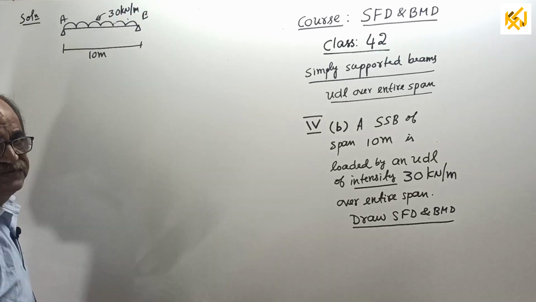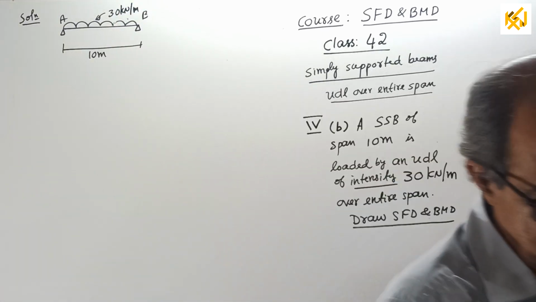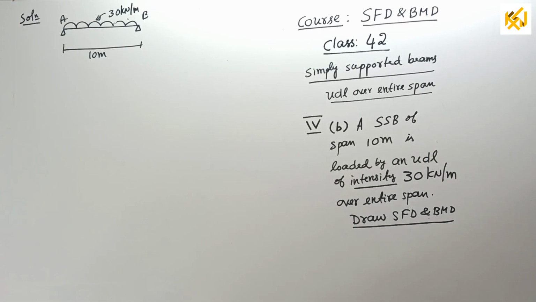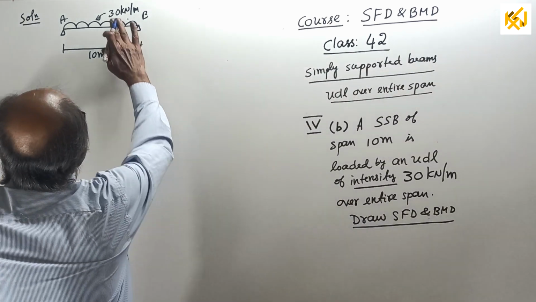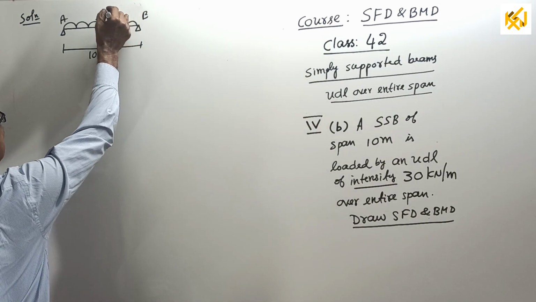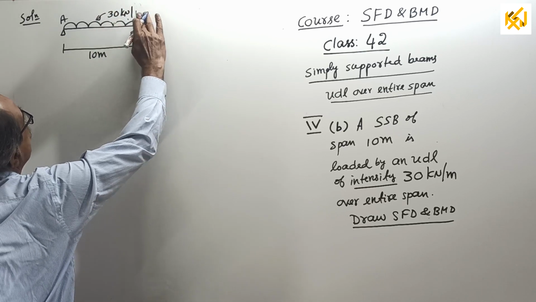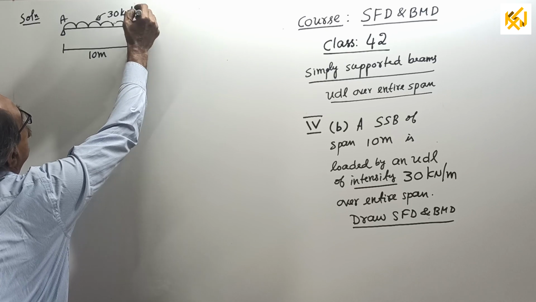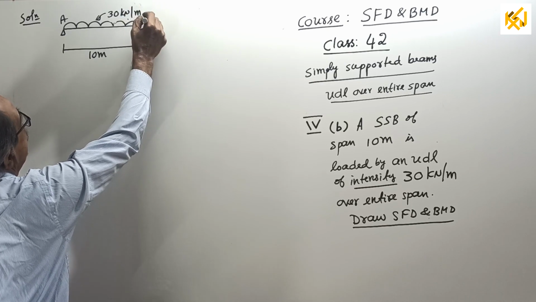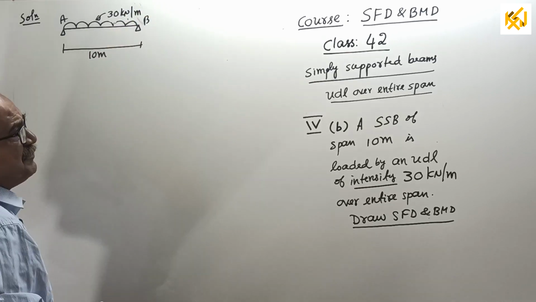Required to draw SFD and BMD. I want to write that 30 a little lower because it is partially not visible. So I will write here 30 kilonewton per meter. I should always consider this so that it does not go out of camera. This is B. We have to draw SFD and BMD.